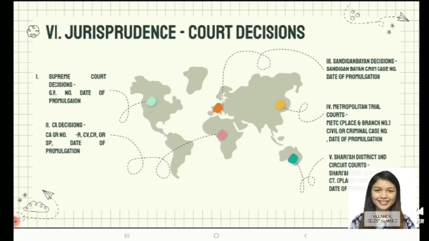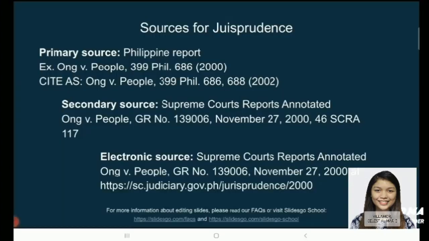For the secondary source, such as the Supreme Court Reports Annotated or the SCRA, cited by the family name of the parties, comma, GR number, comma, date of promulgation, comma, volume number of the court reports, and page.